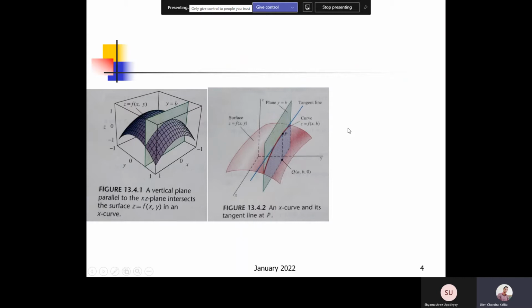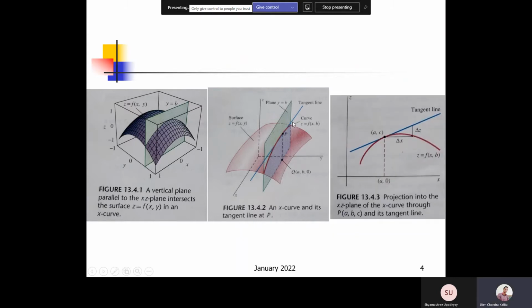Now if you take the cross section, this is going to be your scenario. Along the x-axis, this point is a, 0, and this is the z-axis, and this is the curve. Then you can see this is the point (a, c), and here I have this tangent line.